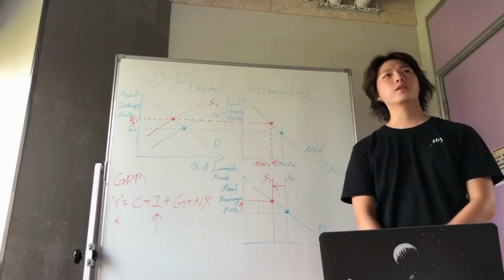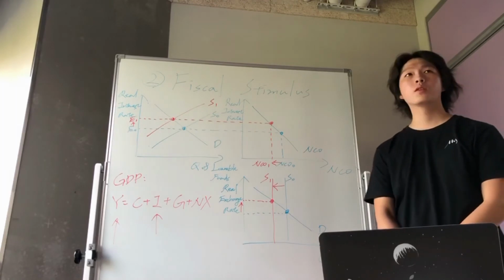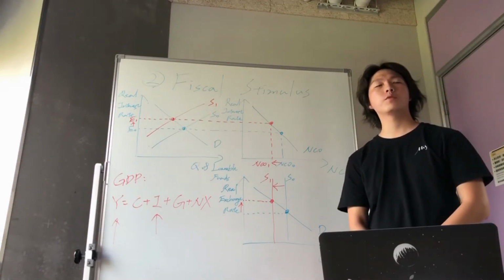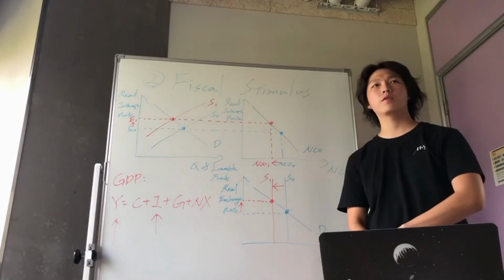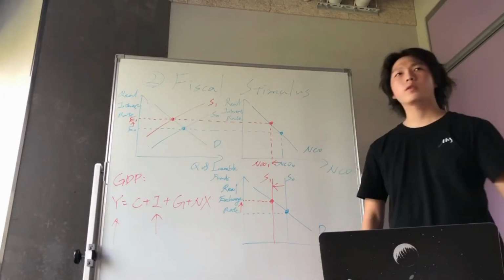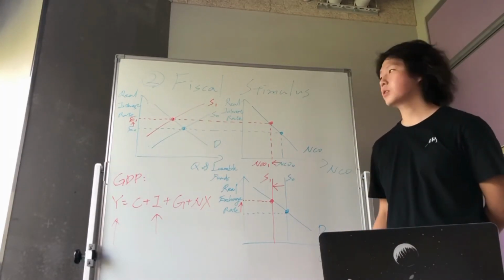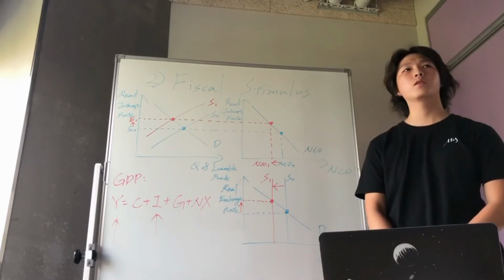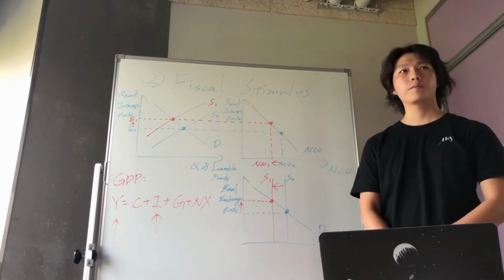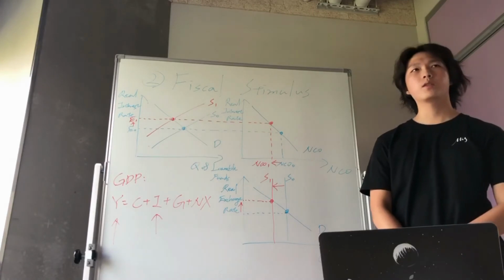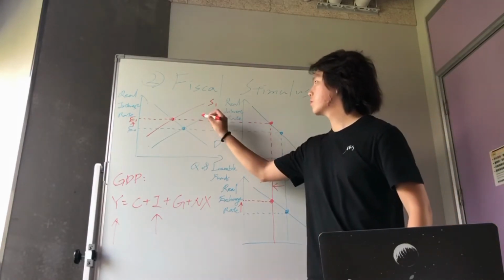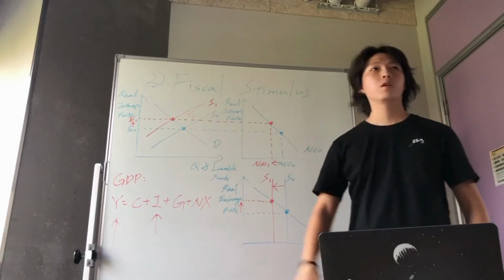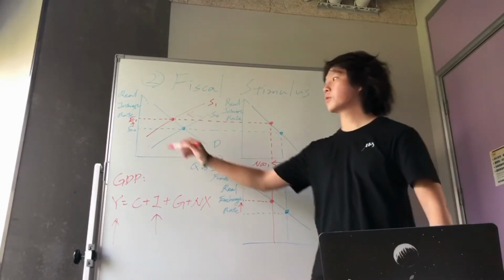Okay. The second arrow, fiscal stimulus. I want to start from the model of real interest rates and quantity of loanable funds. With this policy, the supply decreases because government spending decreases national saving, which causes the supply curve to move to the left. The real interest rate increases.